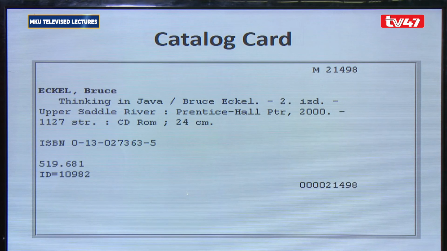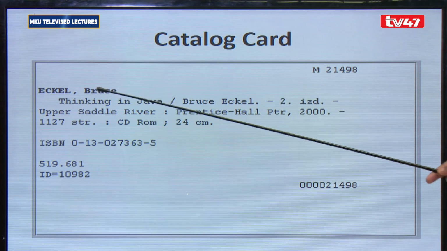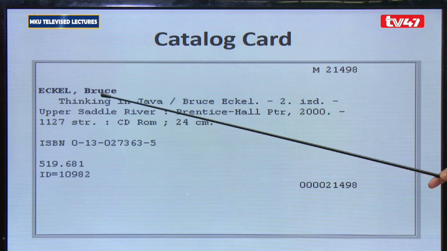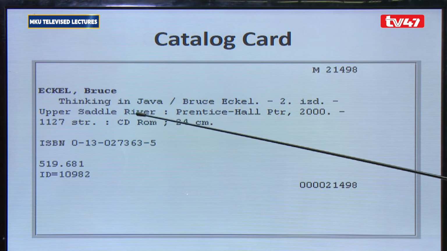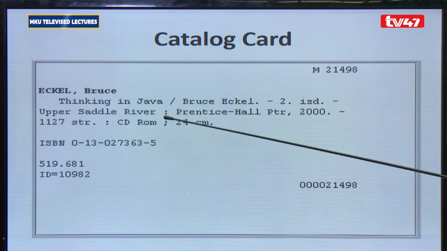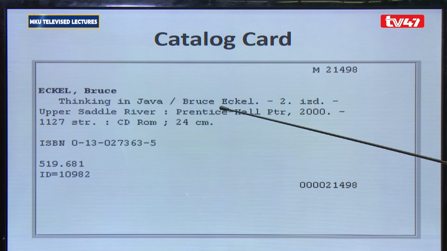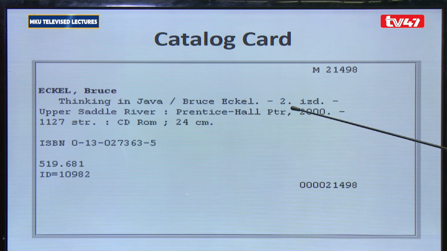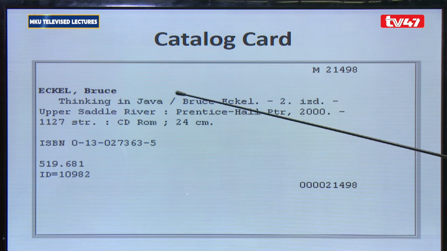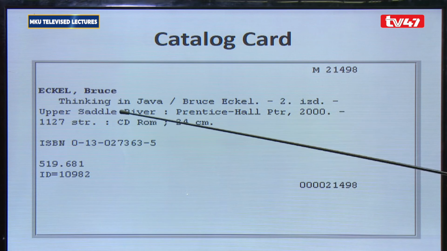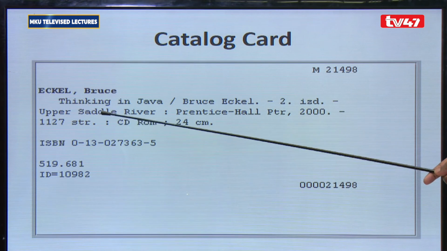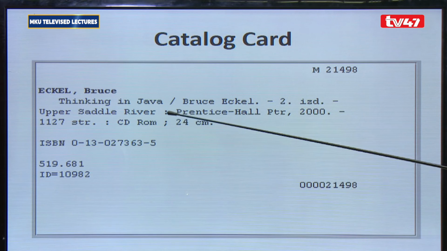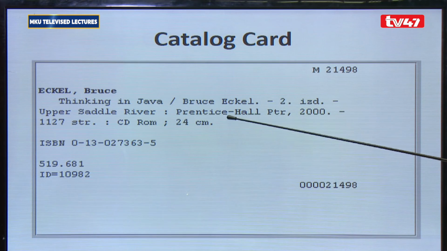This is an actual catalog card that is generated by a system, which includes the name of the author, Eckel Bruce, then the title, Thinking in Java, and then the edition, which is a second revised edition, and then the town, the city, Upper Saddle River, and the publisher, which is Prentice Hall, and so on.